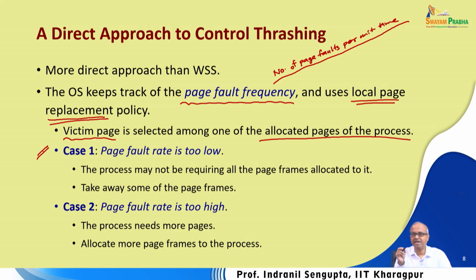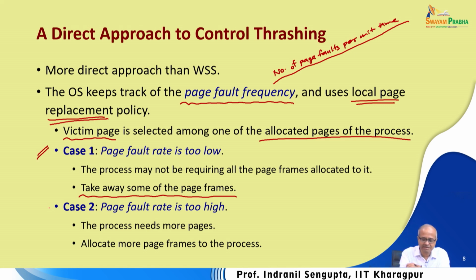So, operating system can assume that the process may not be requiring all the frames that are allocated. So, why not take away some of the frames, and let us see if still the same thing remains. Then I do not have to unnecessarily allocate frames to that process, I can give those frames to some other process who needs it.